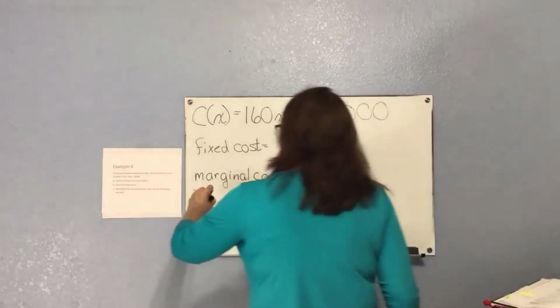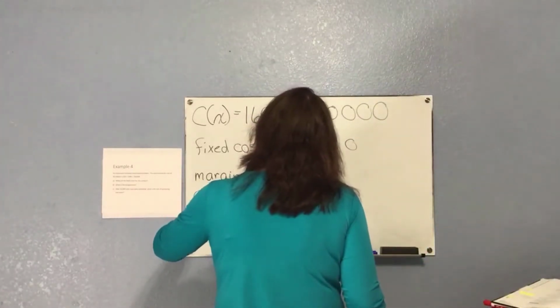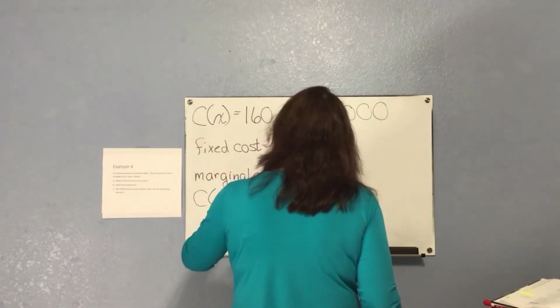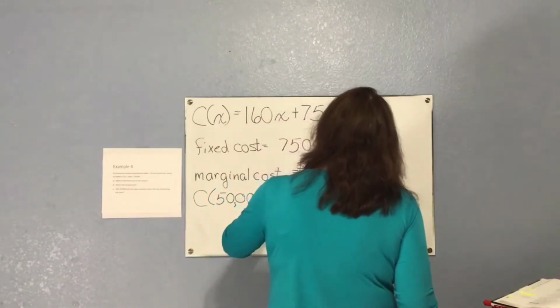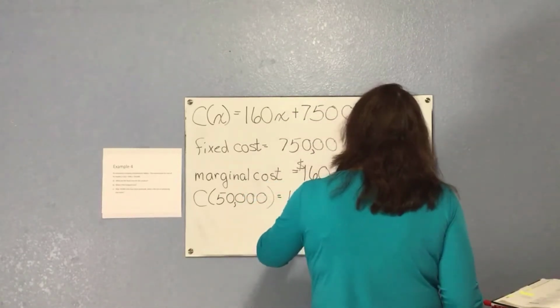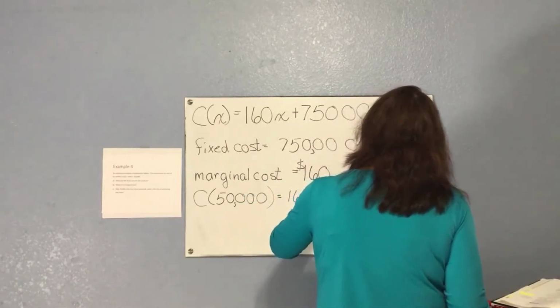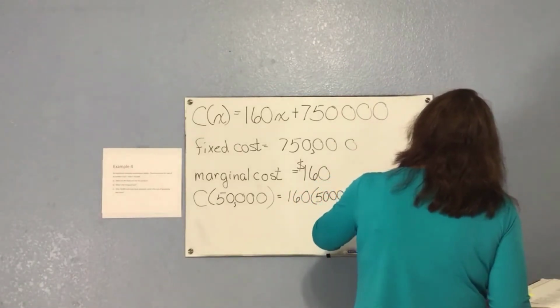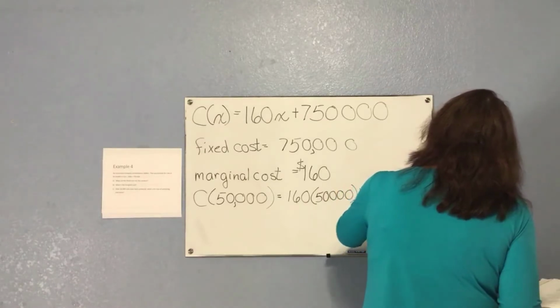So what we're going to do is find C of 50,000, which is equal to 160 times 50,000 plus 750,000.